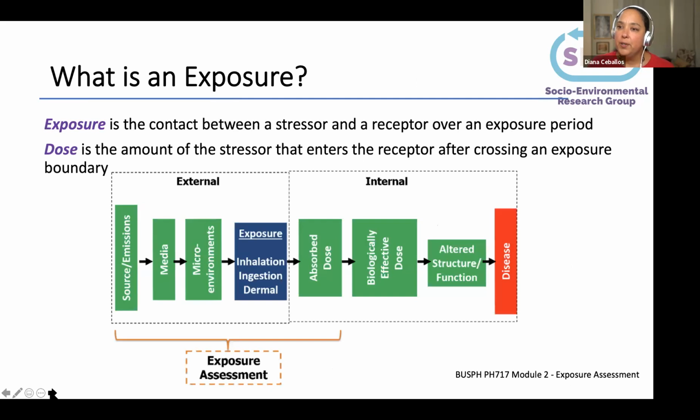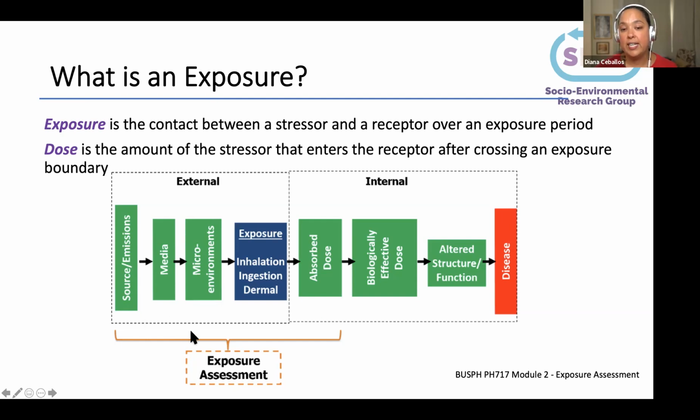And so what is an exposure? We have a lot of things that are external to us, and then things that are inside our body. And so an exposure is the contact between that stressor and receptor over an exposure period. An exposure is something external to us, while dose is the amount of that stressor that enters the receptor after crossing an exposure boundary and is already inside the body.